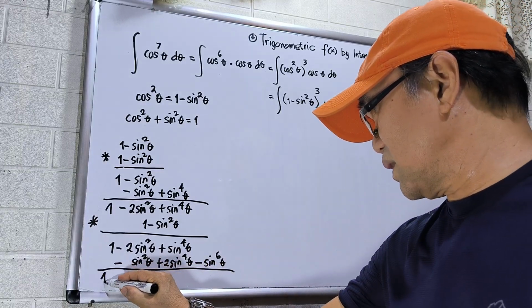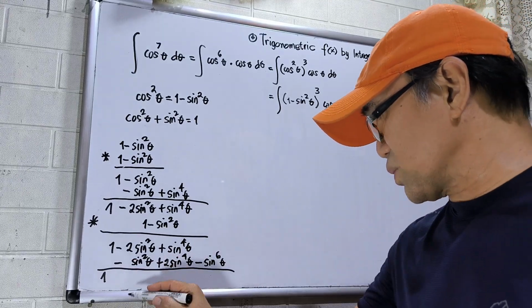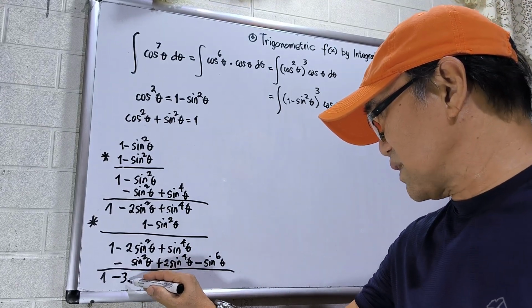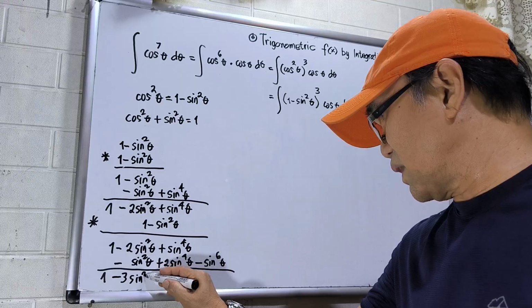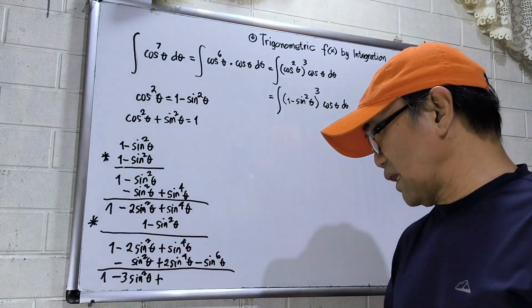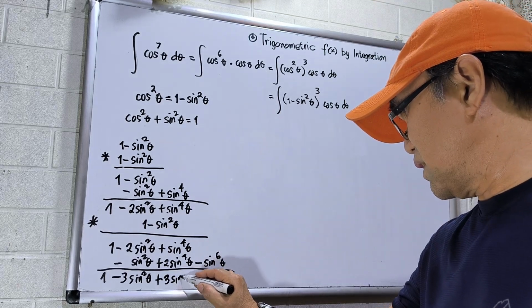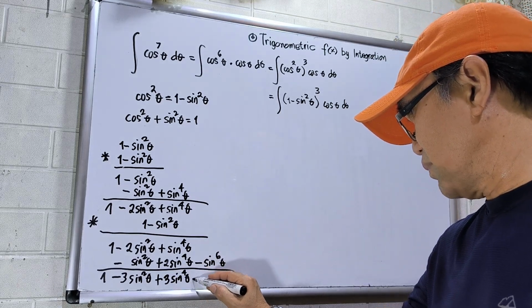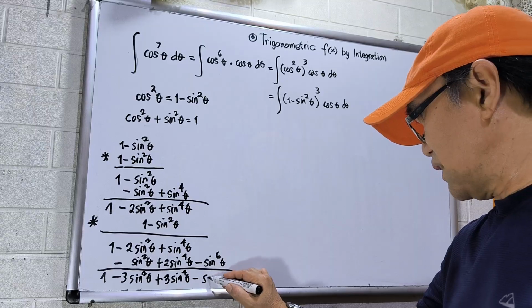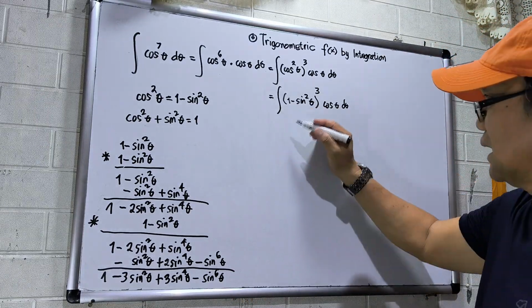Okay, so bring down 1. Negative 2 sine squared theta, then minus sine squared theta, that will be minus 3 sine squared theta. Then this will be plus sine to the 4th theta plus 2 sine to the 4th theta, that will be 3 sine to the 4th theta. Then bring down minus sine to the 6th theta. Okay, so I will plug in here.